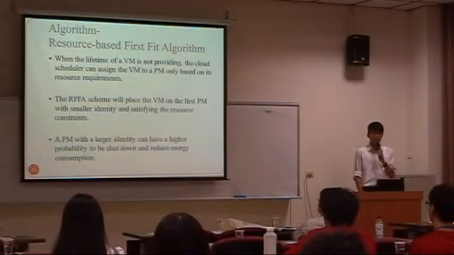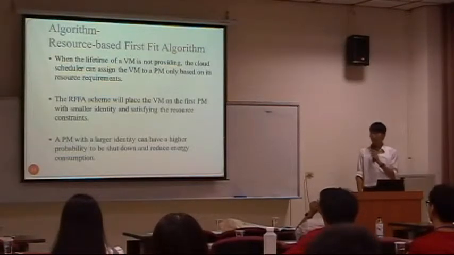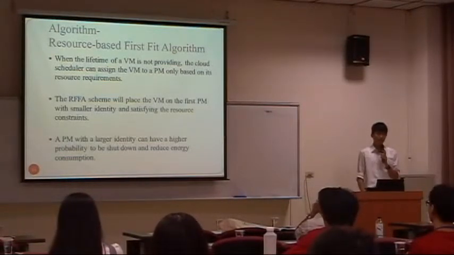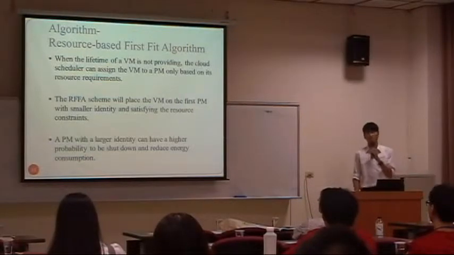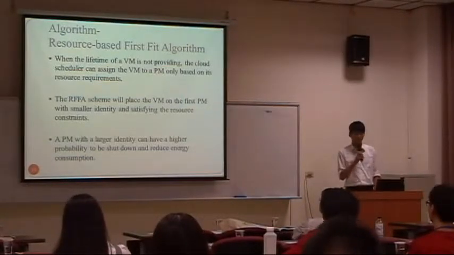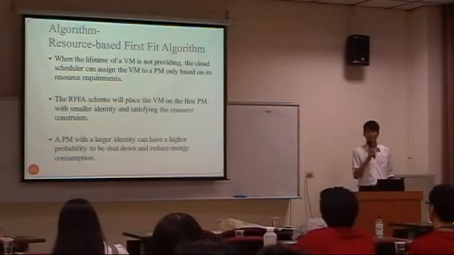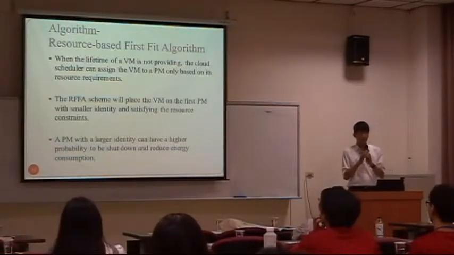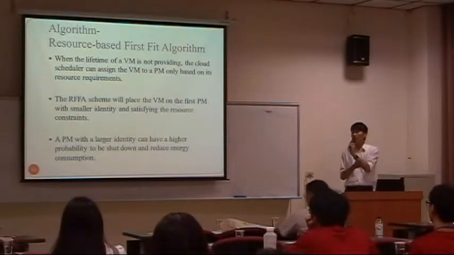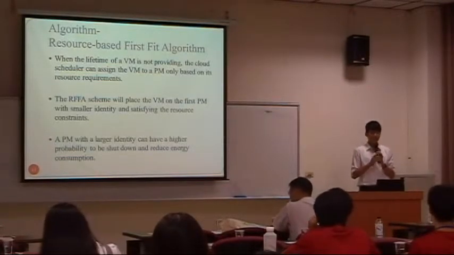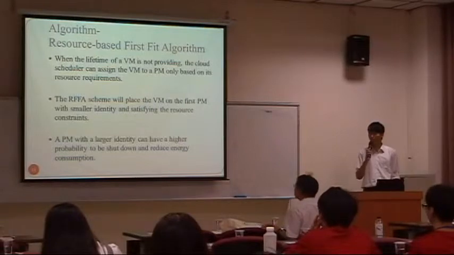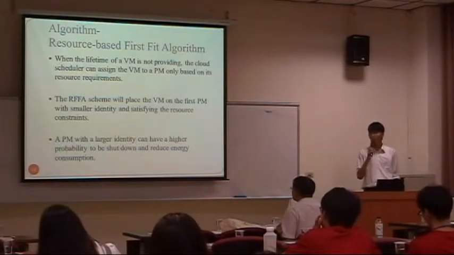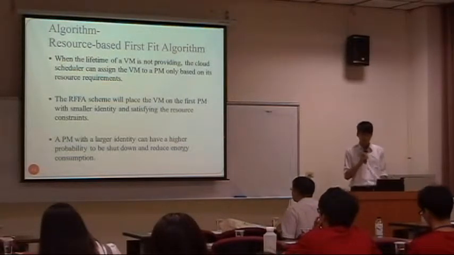The RFFA scheme will place the virtual machine on the first physical machine with the smallest identity that satisfies the resource constraints mentioned above. So a machine with a larger identity has a higher probability of being shut down, reducing the energy consumption.